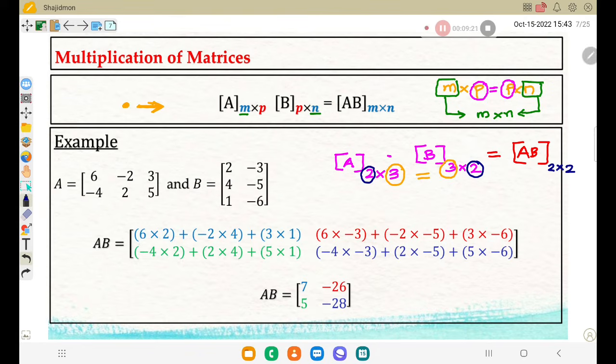I have already written how to multiply these two matrices.